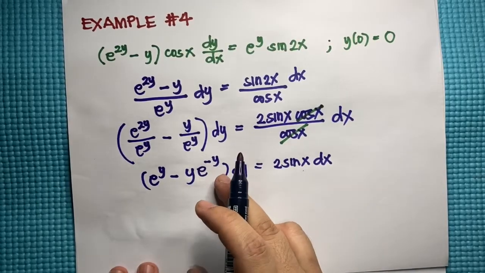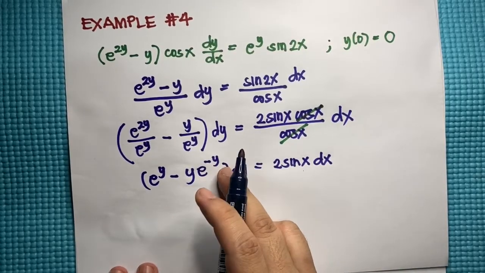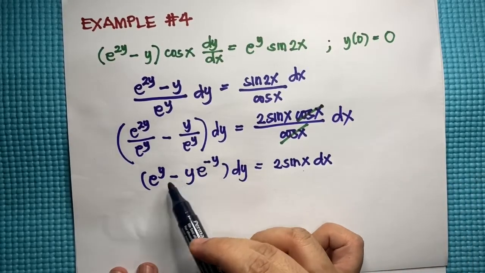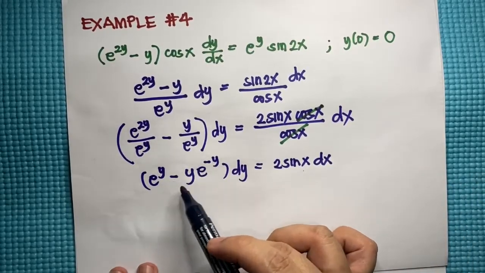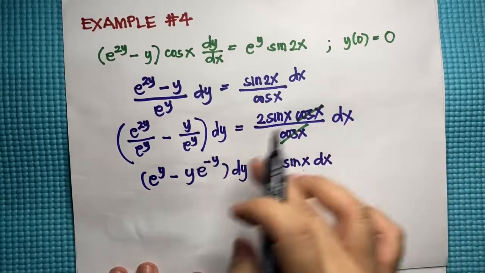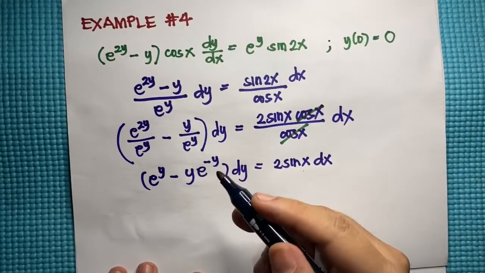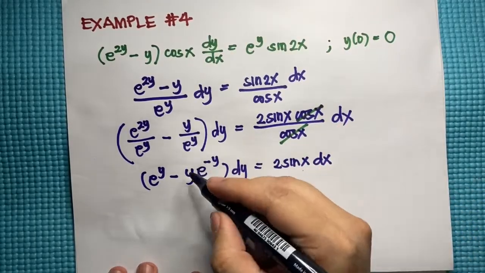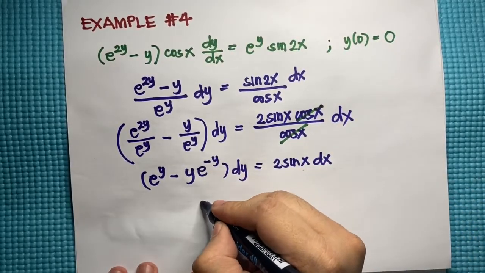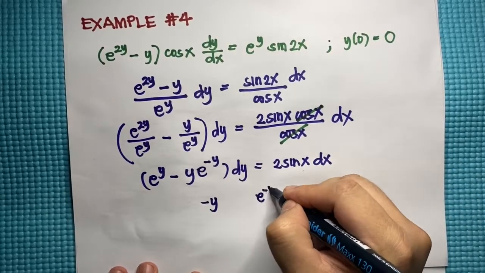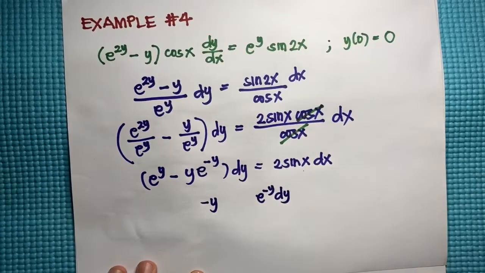We can solve this using integration by parts, but an easier one. Since it involves a product of an exponential function and an algebraic function, the easiest way would be through the tabular method. So we could write negative y here, and then negative e^(−y) dy on the right-hand side.